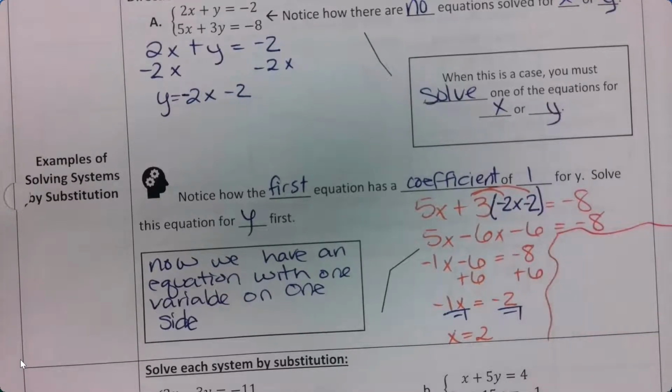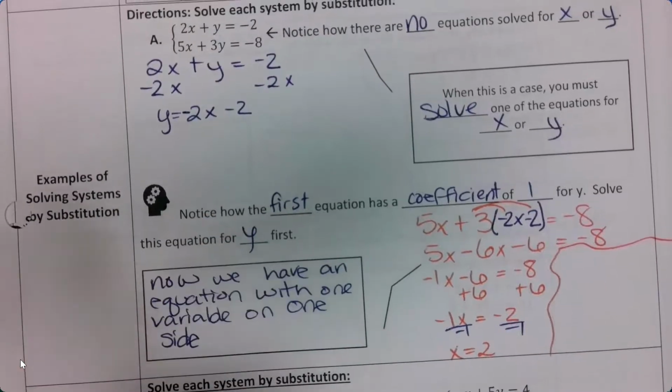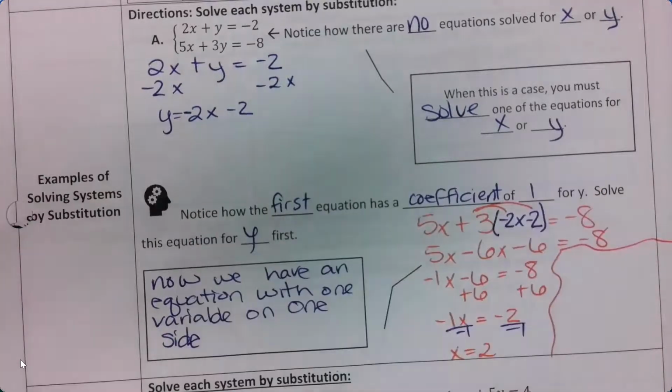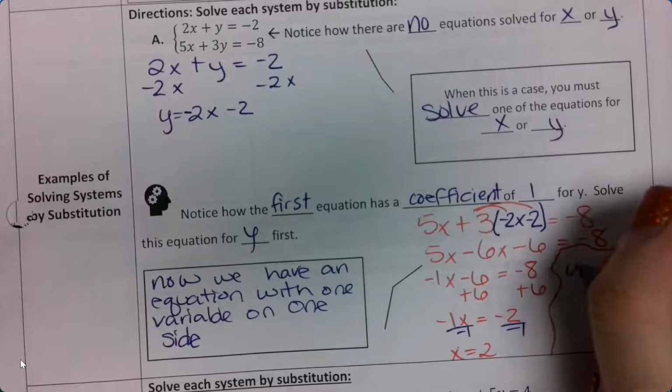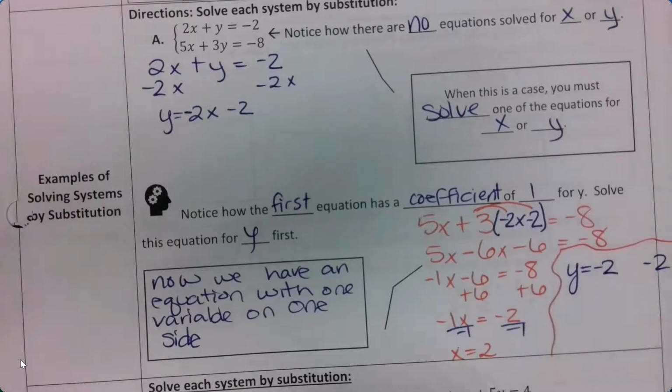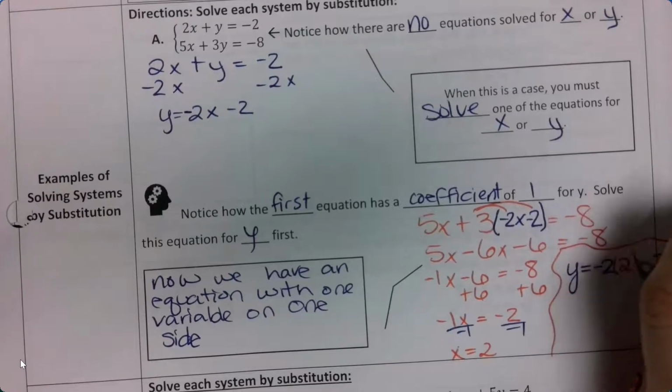So which equation do you want me to plug into? I can choose the top, the bottom, or the one I got y all alone. So that is y equals negative 2x minus 2. And I'm going to plug in 2 for x.